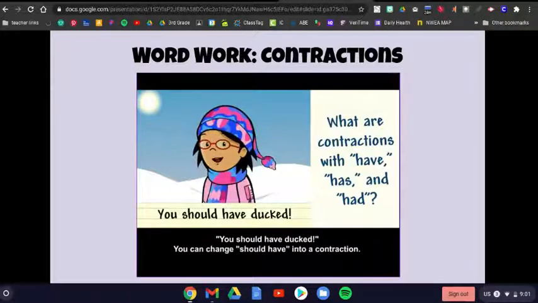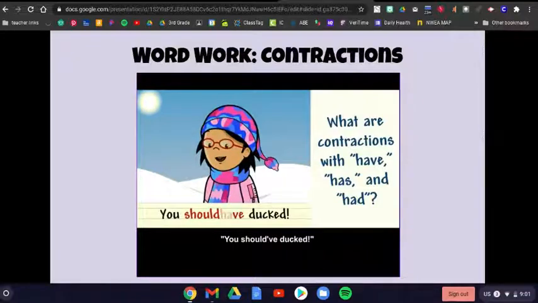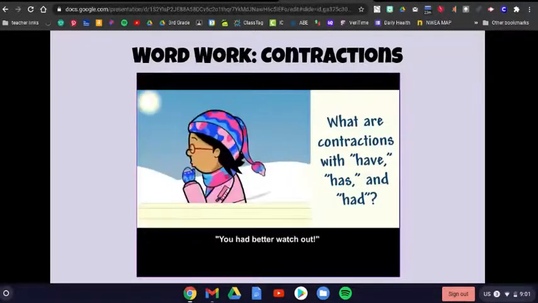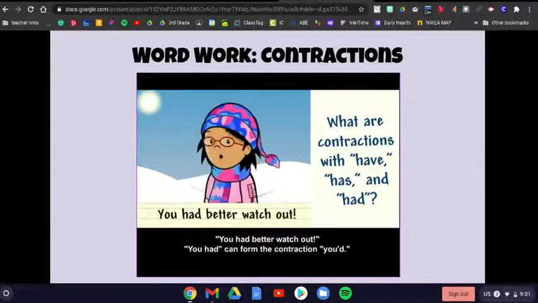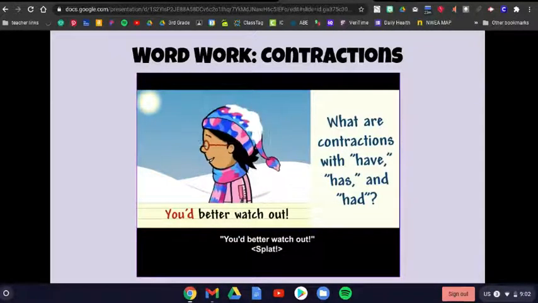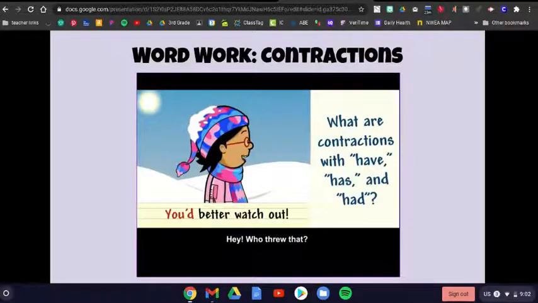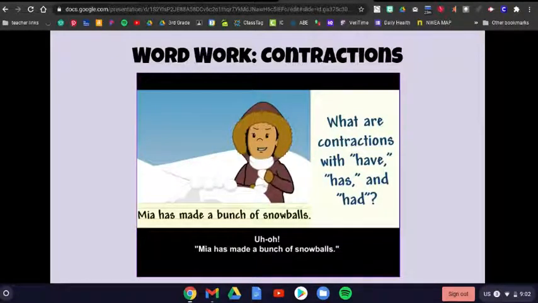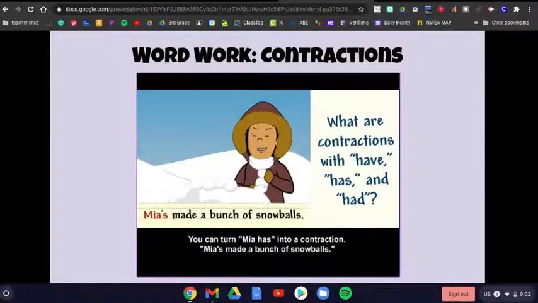You can change should have into a contraction. You had better watch out. You had can form the contraction you'd. You'd better watch out. Hey, who threw that? Uh-oh. Mia has made a bunch of snowballs. You can turn Mia has into a contraction. Mia's made a bunch of snowballs.